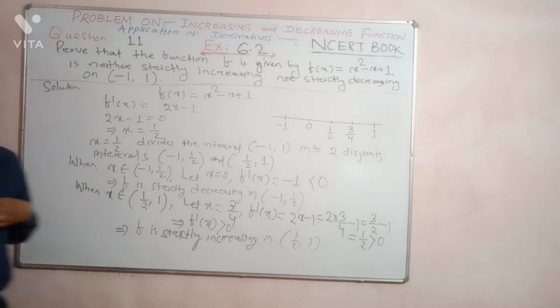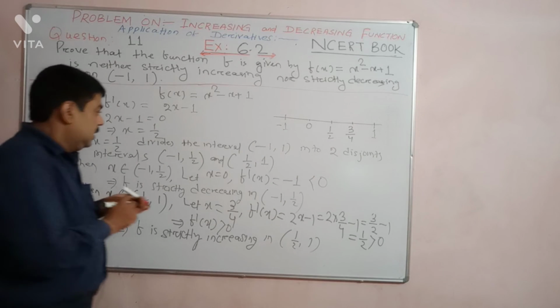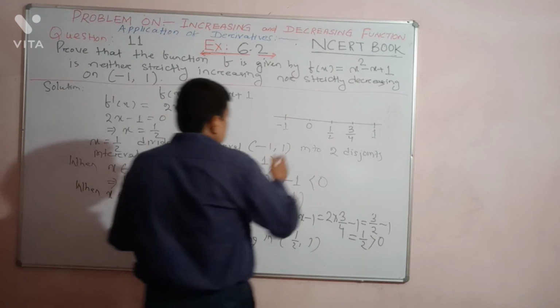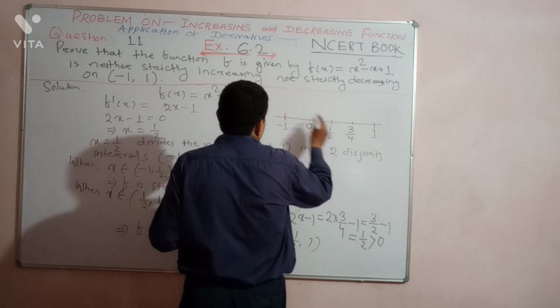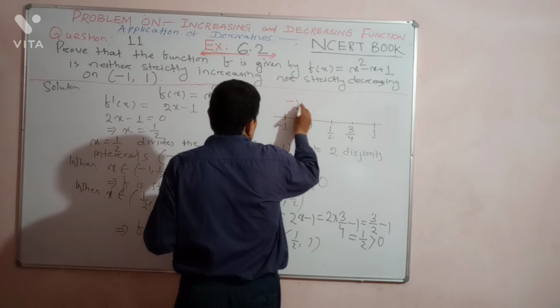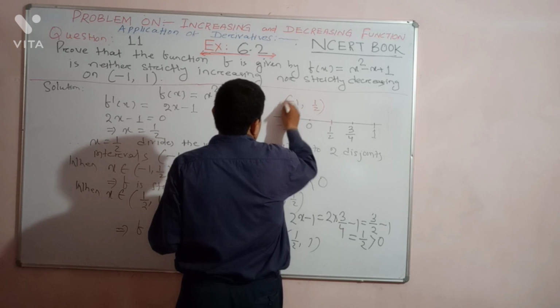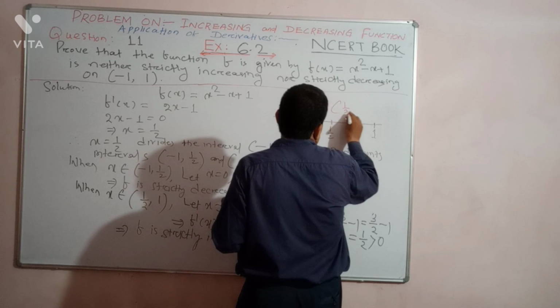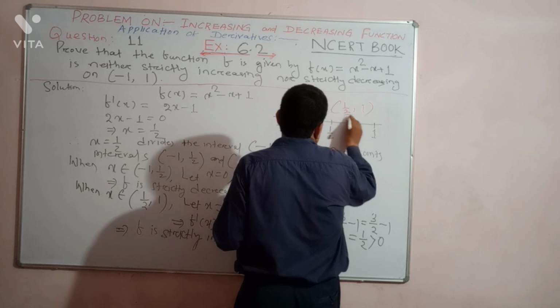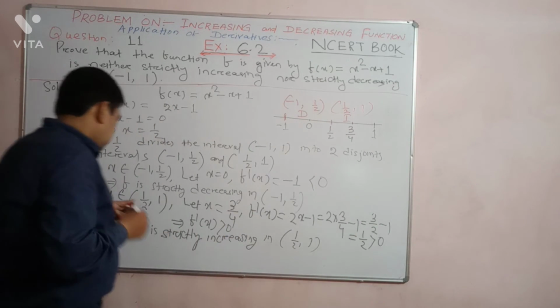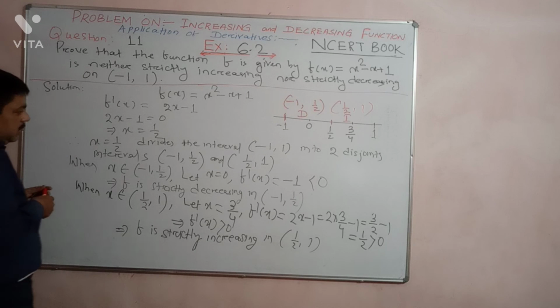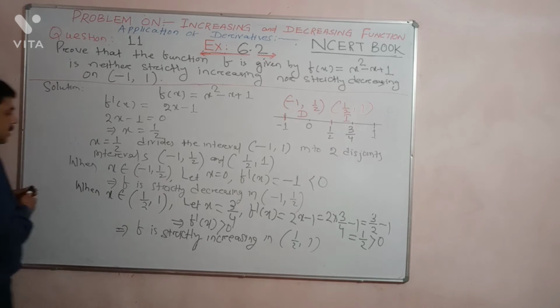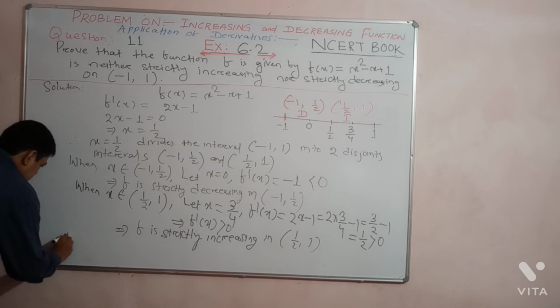So see, in the interval (−1, 1/2) the function is strictly decreasing, and in the interval (1/2, 1) the function is strictly increasing. It means it is clear that the function is neither strictly increasing nor strictly decreasing in the interval.